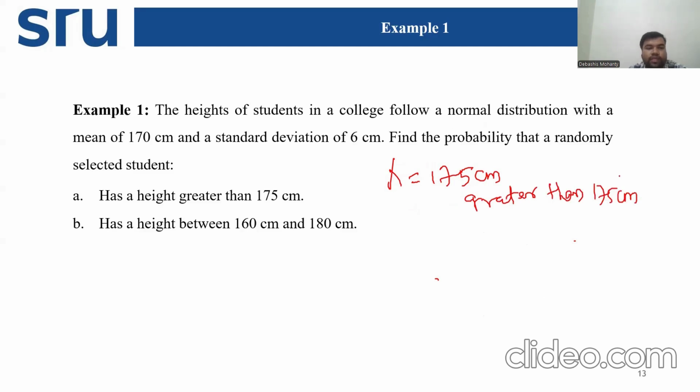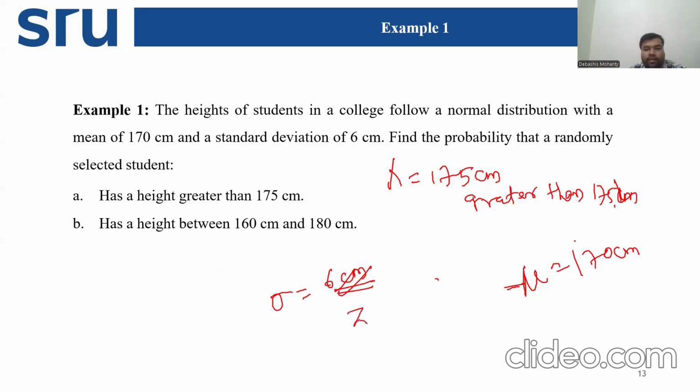First of all, read the question carefully. The heights of students in a college follow a normal distribution with a mean of 170 centimeters. So mean mu equals 170 centimeters, and the standard deviation sigma is equal to 6 centimeters.